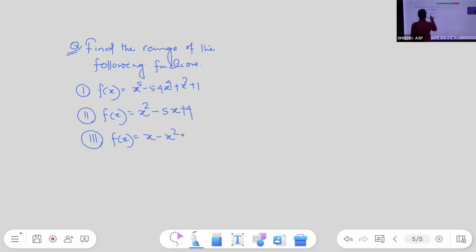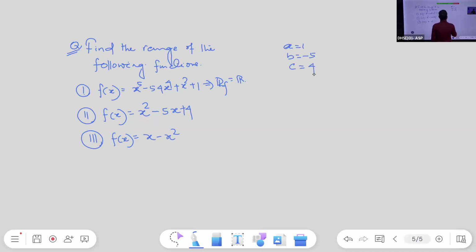The first one is a polynomial function of degree 5, an odd degree polynomial function. Hence, the range of the function is R. The second function is a polynomial function of degree 2, and it is in the form of ax square plus bx plus c. If we compare the expression with ax square plus bx plus c, then we get a is equal to 1, b is equal to minus 5, and c is equal to 4.